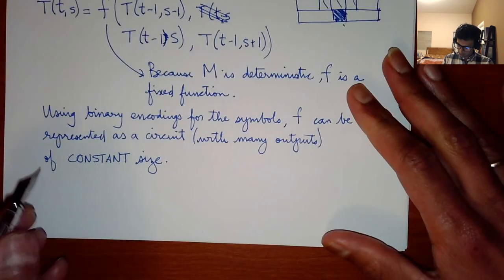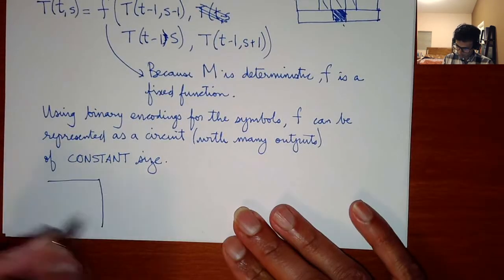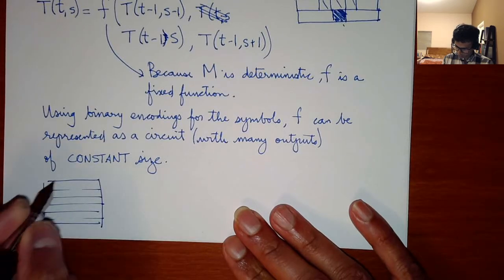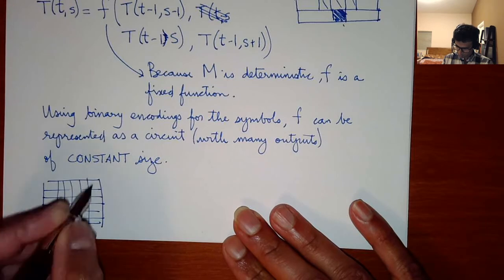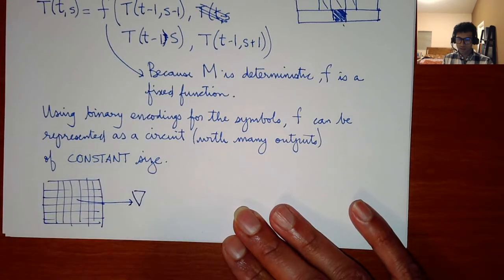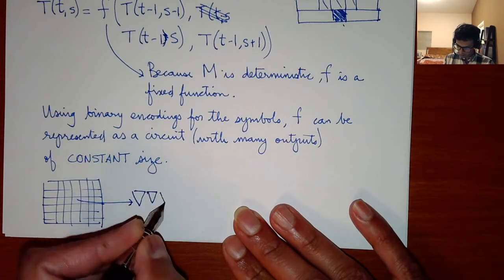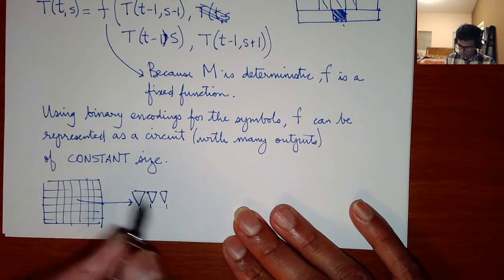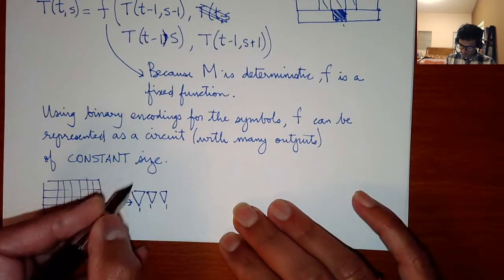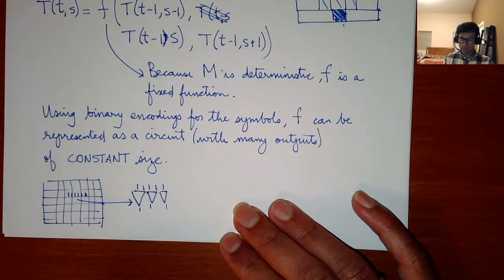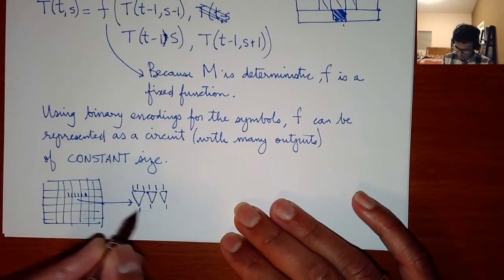So another way pictorially to think about this is, here's the tableau. And for every cell, we're going to actually construct a little circuit, or it's actually like a collection of circuits, because each of these is going to output. It's going to take in all of these bits over here, and it's going to output some configuration.